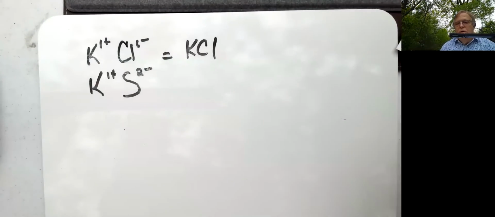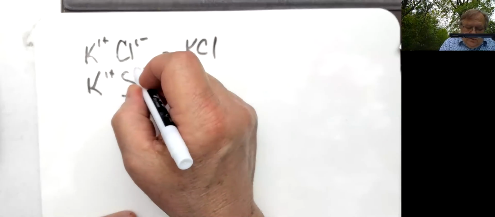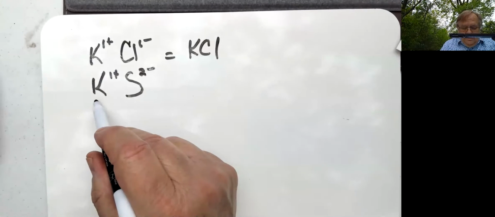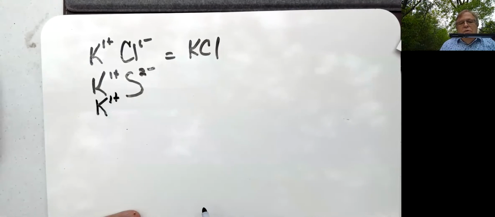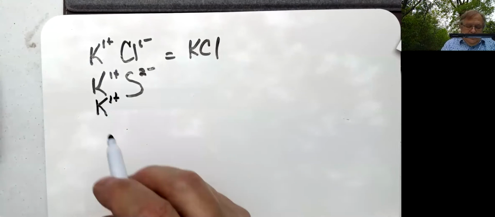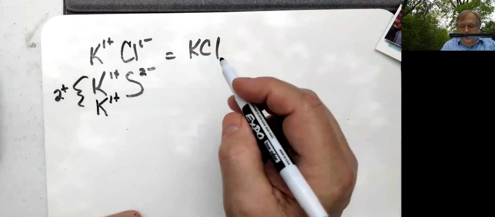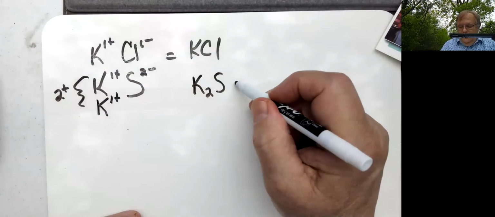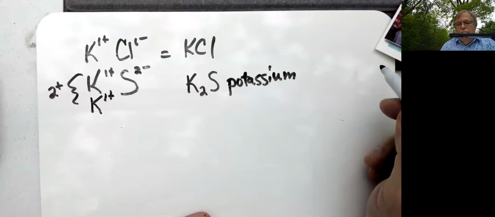Now, you've got your periodic table there. All you have to do is glance at it, and you'll see the charge on sulfur. I think for this, we're going to need another positive charge so that we can balance that out to 0. Positive and -2, K2S. Okay, there's potassium.